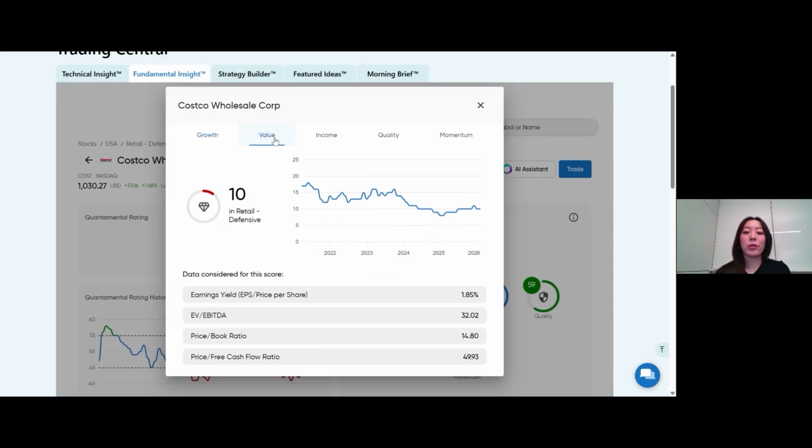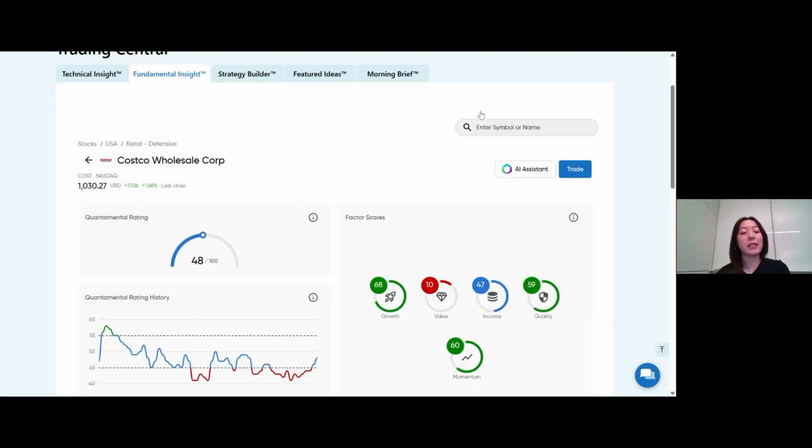Same thing if you wanted to drill down into the value factor of Costco: it takes a look at these financial statement data, and essentially it does all of the reading and the analysis for you, so you don't have to read the Costco financial statements and do the analysis yourself.